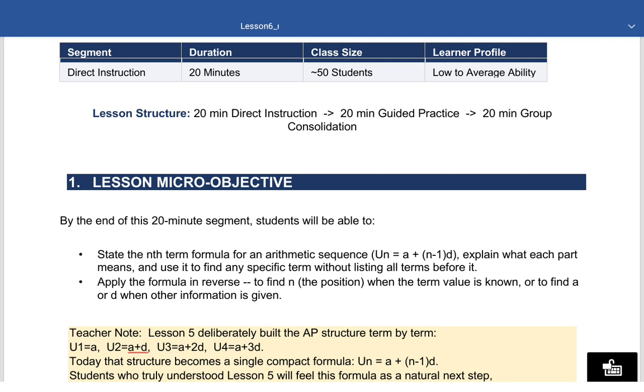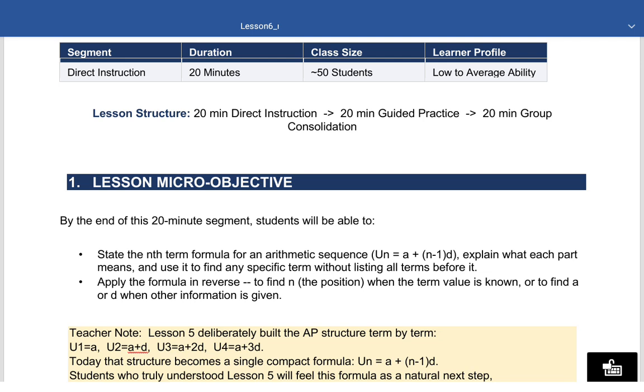Why? Look here. The first term is 20. The second term is 40.